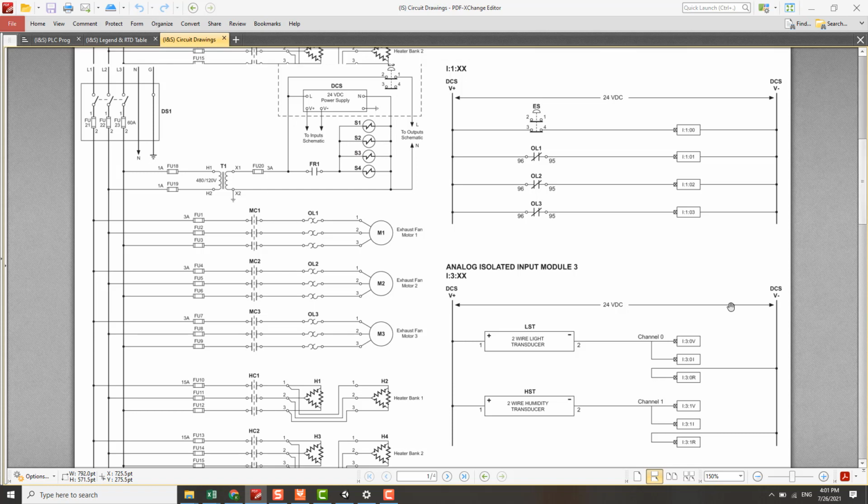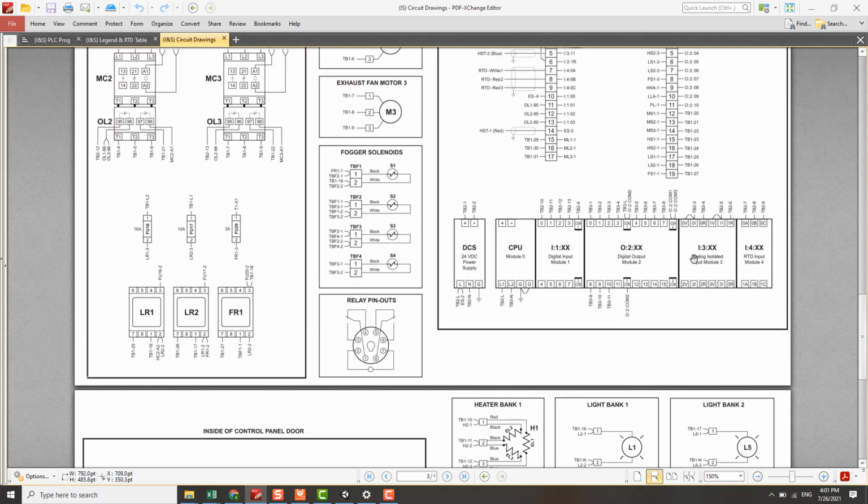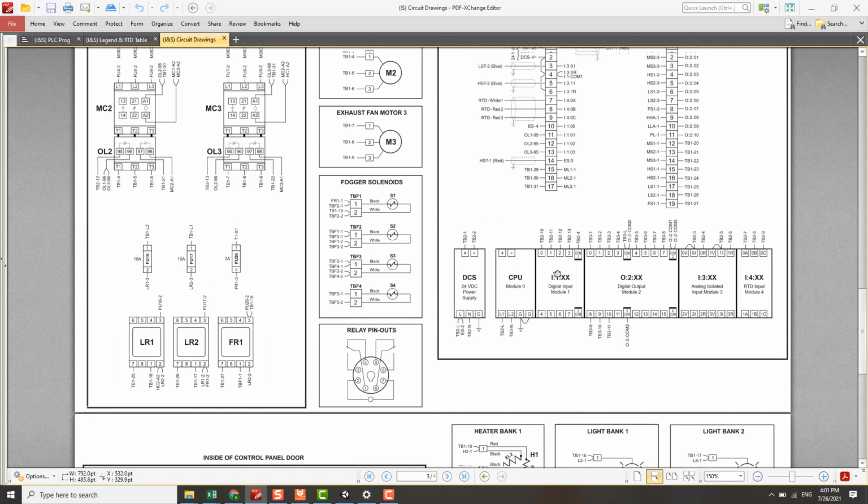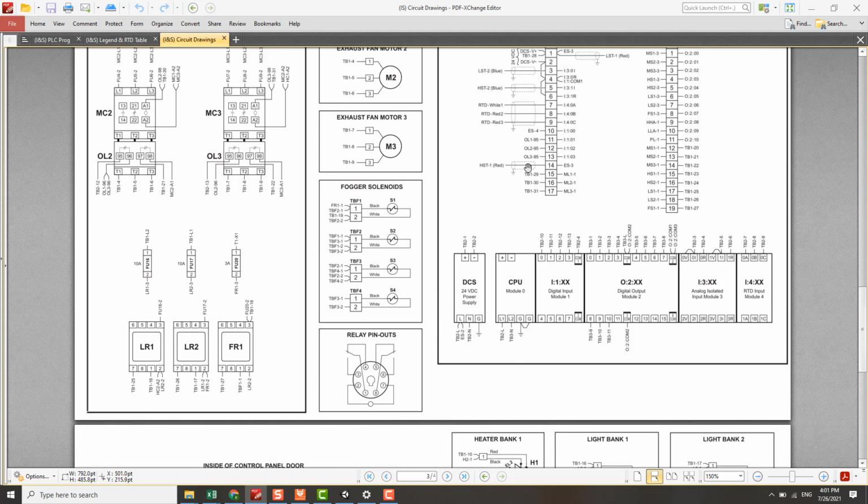So by looking at the wiring diagram, the DC voltage will actually source the external input switch or sensor, and then will sink the PLC input load to the negative line via the common point here.